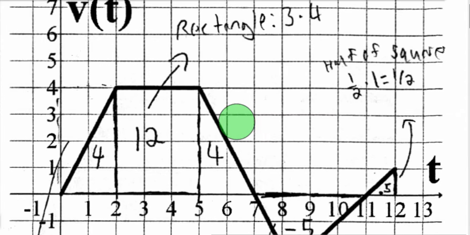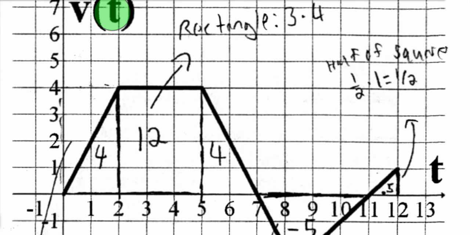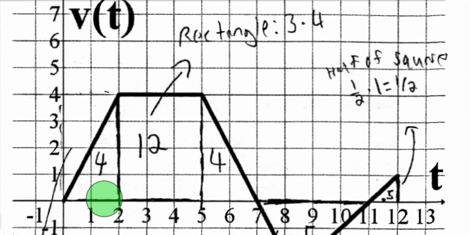So let's go ahead and take a look. First of all, we can split this first section of the graph up into a triangle. Notice that's half of this rectangle, so 2 times 4 is 8, half of that is 4. So the area of this first shaded region, this little triangle, is just 4.